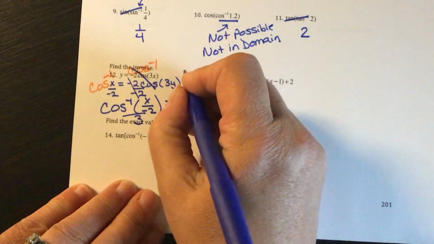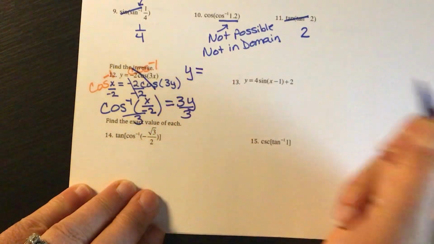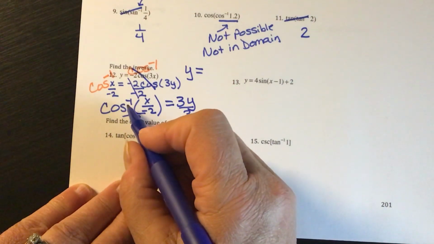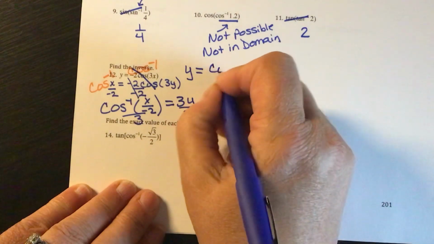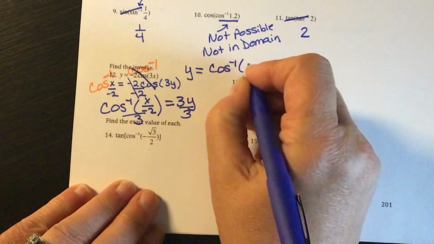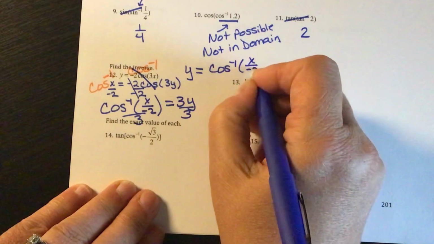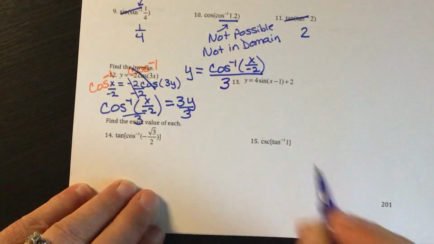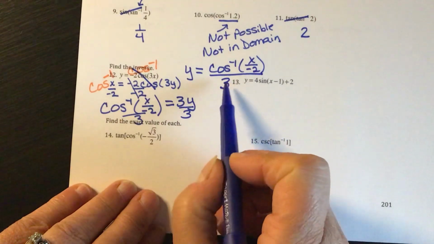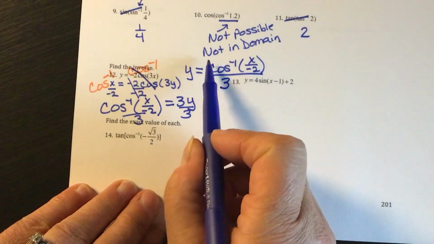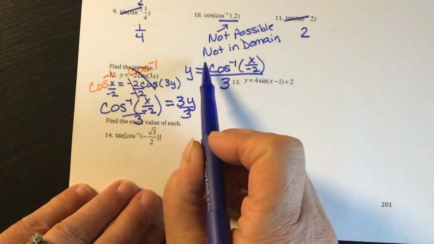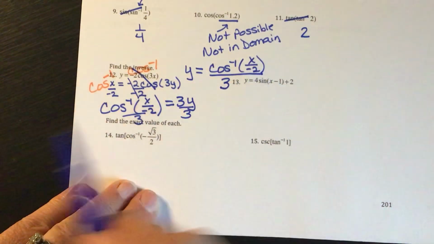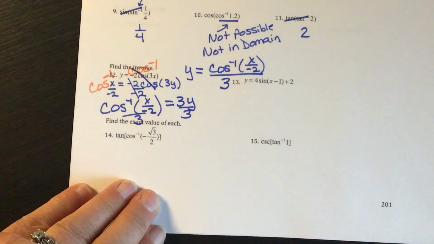So my answer would be y equals inverse cosine of x divided by -2, and all of this is divided by 3. Or if you want to say divided by 3 is the same thing as multiplying this top value by 1/3 and have 1/3 inverse cosine of x over -2, that's fine as well.